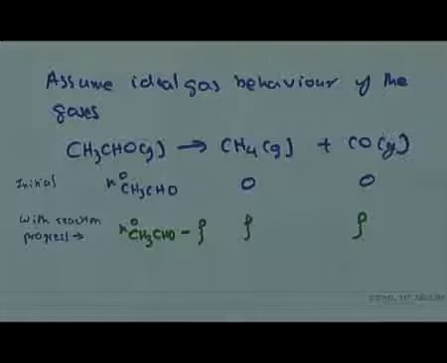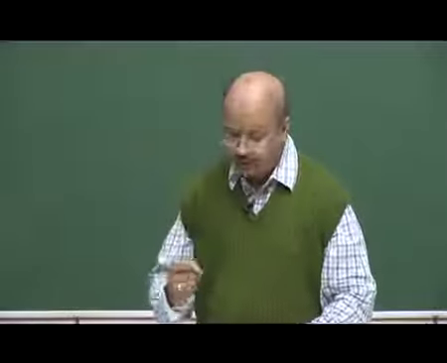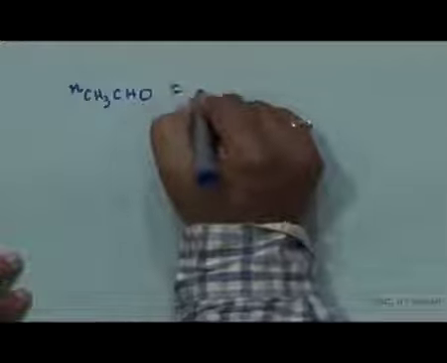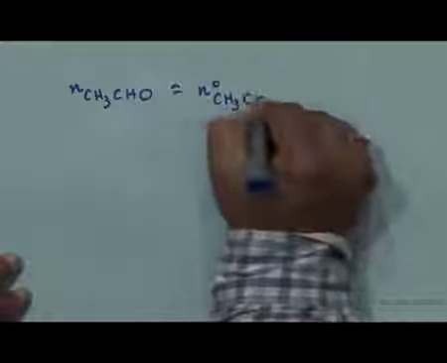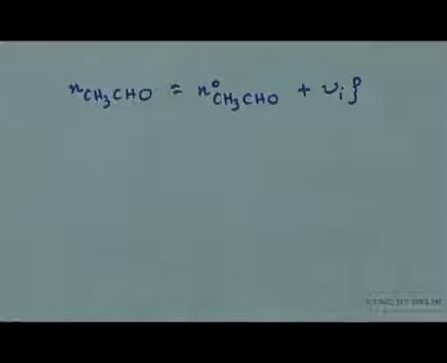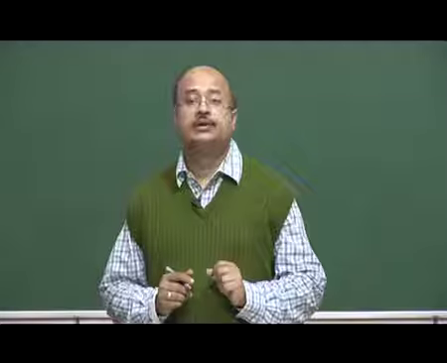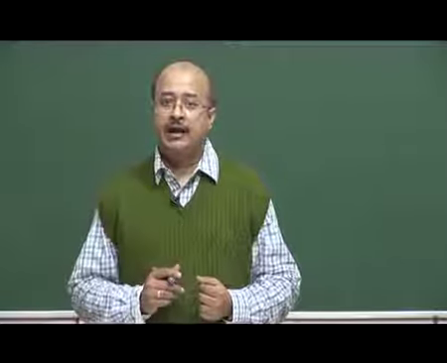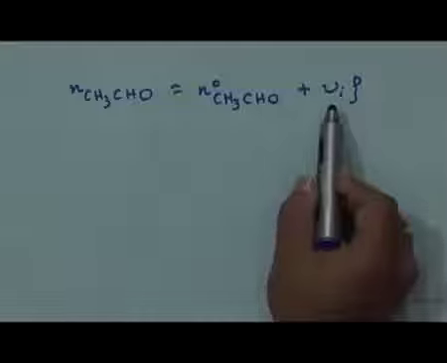Once we have this, let us now write down the number of moles of the individual components. N CH3CHO is equal to N naught CH3CHO plus nu i xi. But remember, this being a reactant, you are losing acetaldehyde as the reaction is progressing. So, nu i out here is negative.